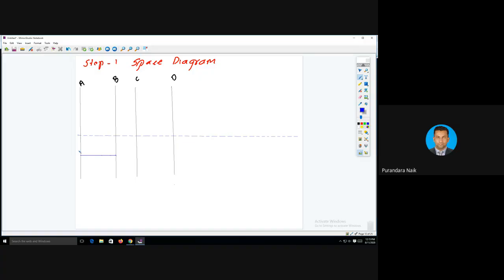Please see the given data. A to B is 300, A to C is 400, and A to D is 700.